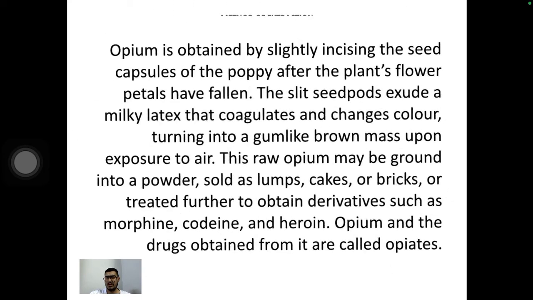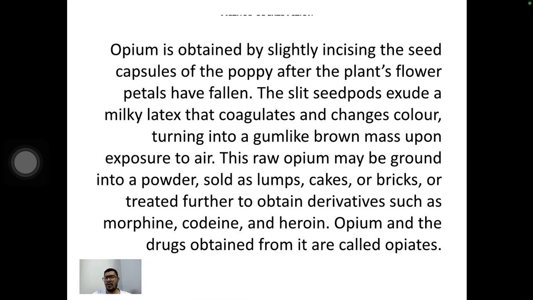Method of extraction. Opium is obtained by slightly incising the seed capsule of the poppy after the plant's flower petals have fallen. The seed pods exude milky latex that coagulates and changes color, turning into a gum-like brown mass upon exposure to air.